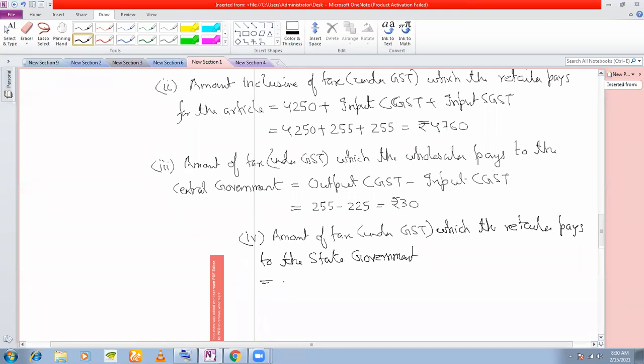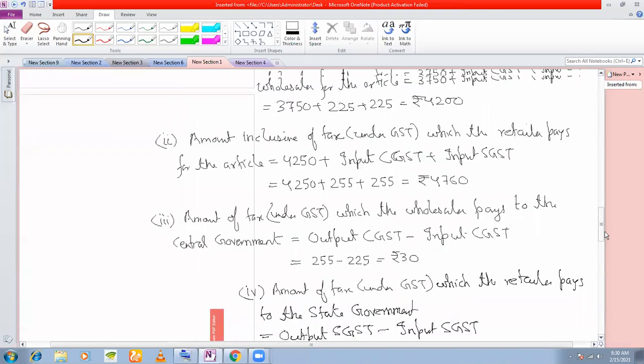And how much does the retailer pay to the state government? He pays his output SGST, because we are talking about the state government, minus his input SGST. So let's see what his output and input are.